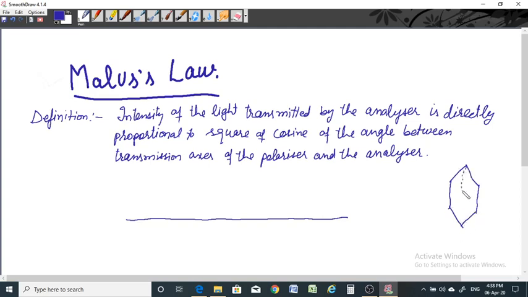When light passes through the Polaroid, suppose this is the unpolarized light which passes through the Polaroid. Suppose that here we insert another Polaroid.